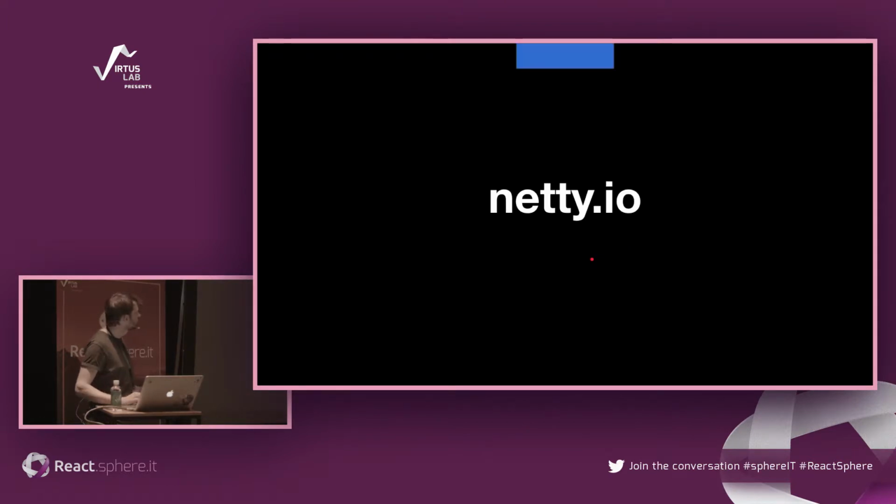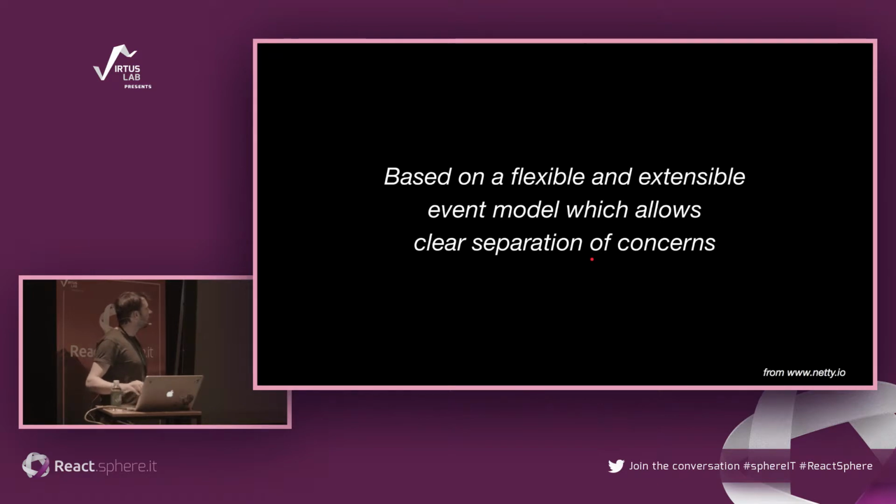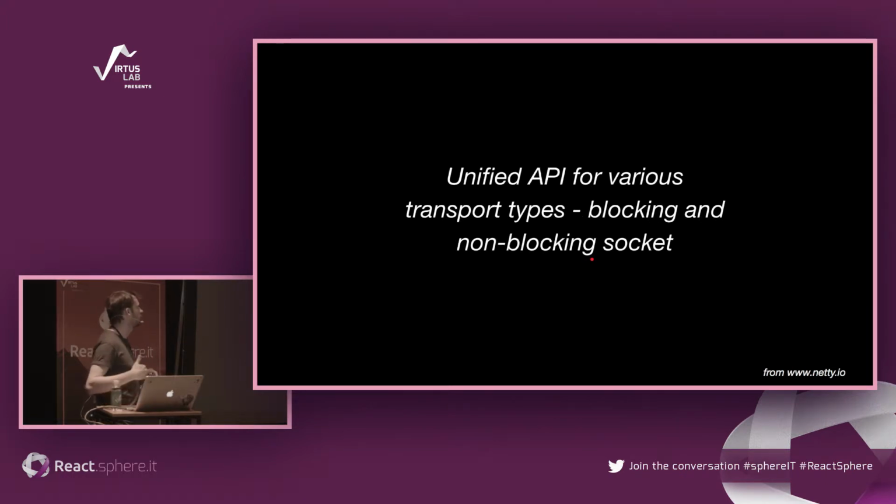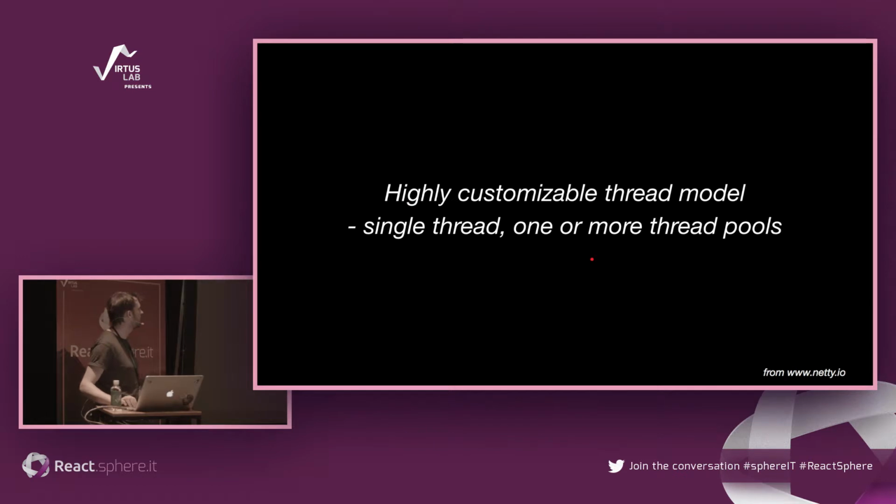So we've chosen Netty, and I don't know how many of you are actually using Netty. Okay, a few of you. All right. So we've chosen Netty because it promises clear separation of concerns. And it's actually copy-paste from the page: they have blocking and non-blocking APIs.